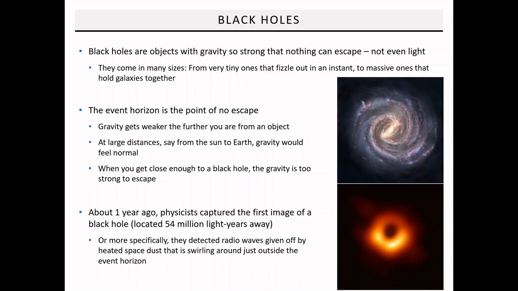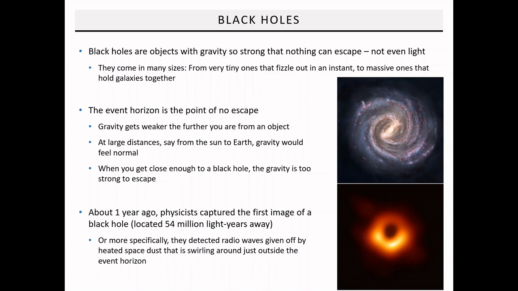In fact, if you were to, say, replace the sun with a black hole that has exactly the same mass, gravitationally speaking, we would not notice a difference at all. It would get very dark relatively quickly, but Earth would still revolve around that black hole just like we revolve around the sun.